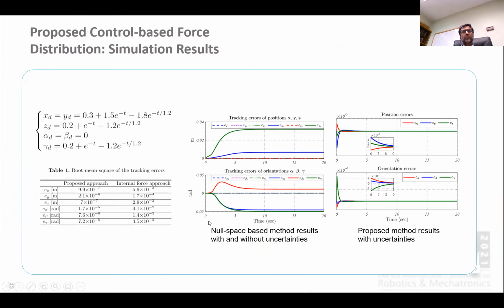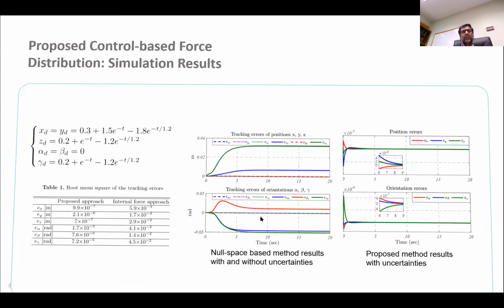As you see, the results in comparison to the null space-based method are much better.